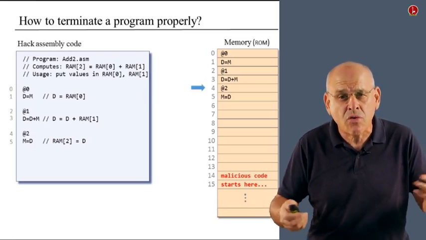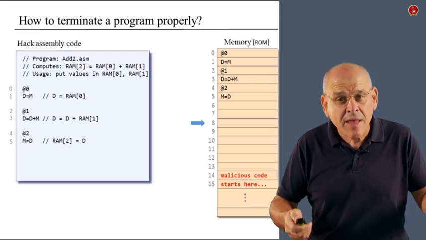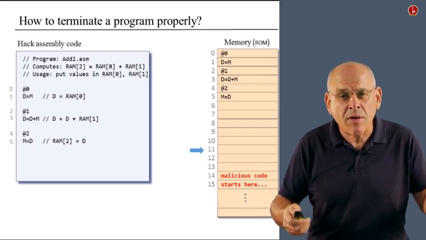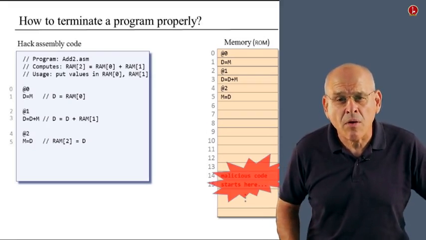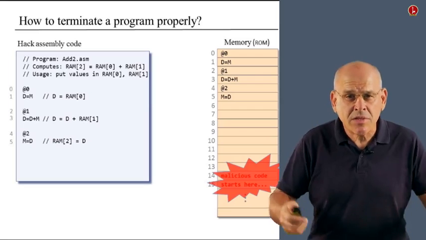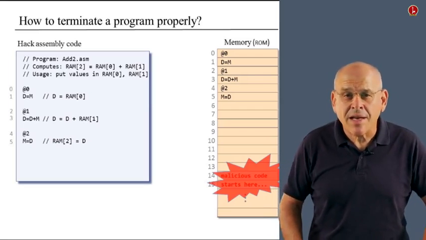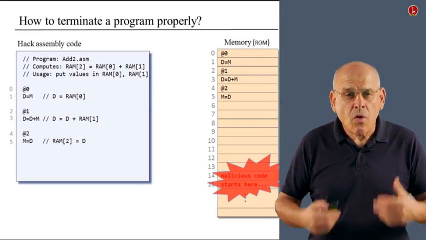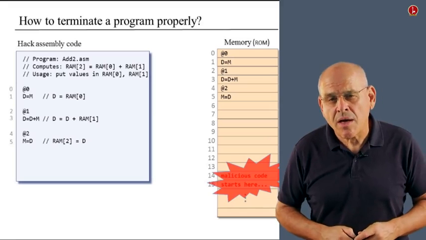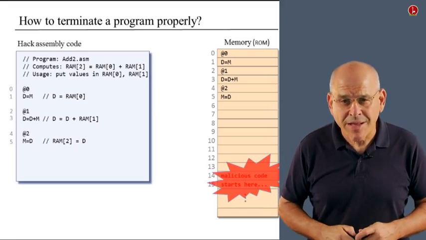The program will actually do what it's supposed to do, but then unknowingly the computer will continue executing, and then boom, my program will go to work and will start to do some bad things like deleting random files on the user's computer. So what can we do in order to avoid this potential problem?